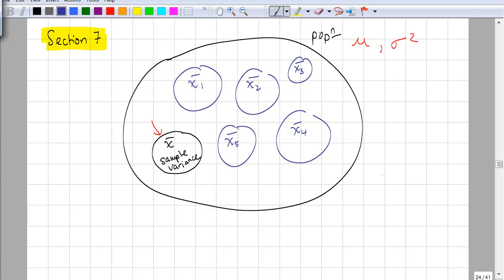It goes the same with the sample variance as well. So each one of these samples will have its own specific sample mean.